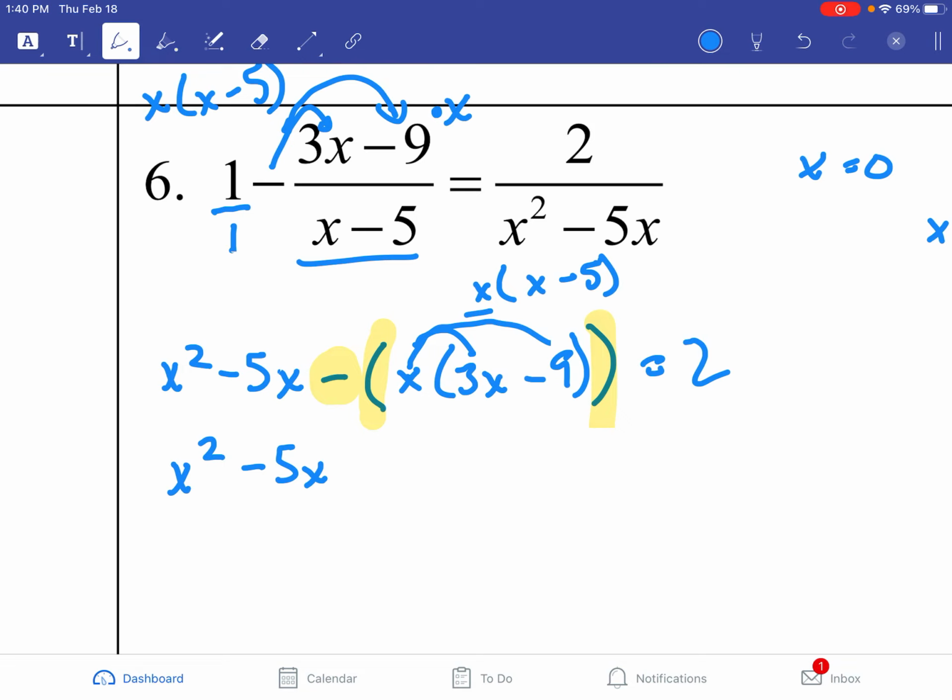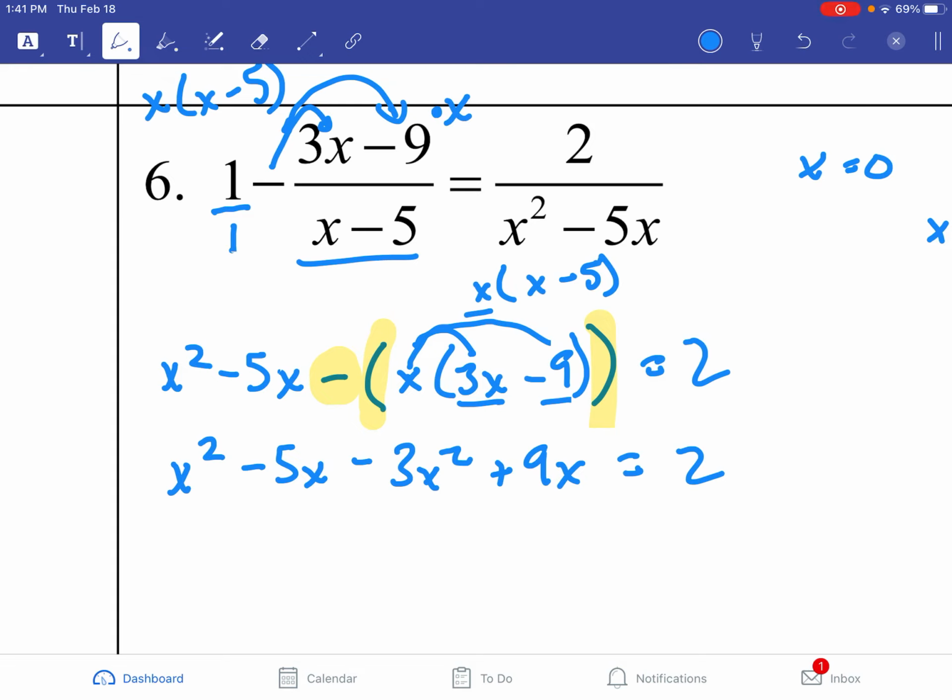X times 3x is 3x squared with a negative in front of it is negative 3x squared. That's really ugly, sorry. And x times negative 9 times negative 1, that negative in front again, it's going to give you positive 9x equals 2. So I multiplied both the 3x and the negative 9 by x and by negative 1. So I changed their signs and multiplied it by an x.